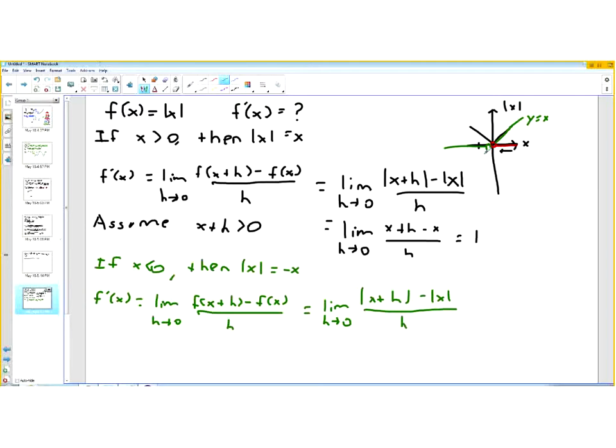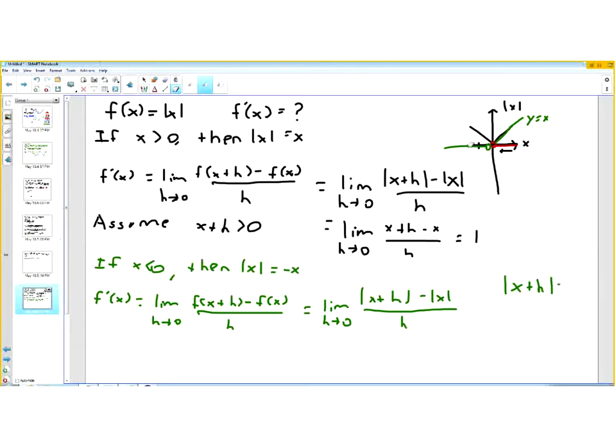that would mean that h would have to be less than 0. And so if h is less than 0 and x is less than 0, then x plus h would be less than 0. And by definition, the absolute value of a negative number is the negative of the number.